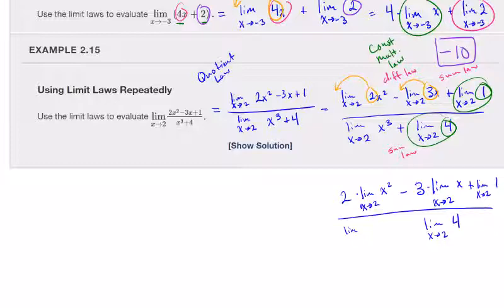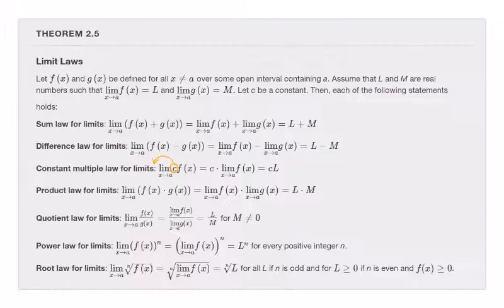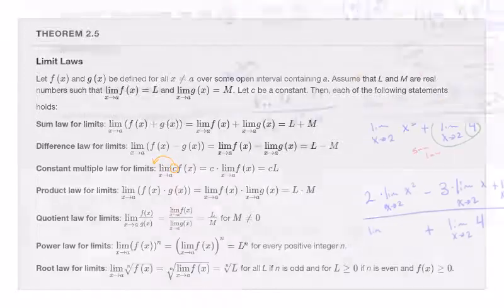All right, now on the bottom, what I'm going to do is, this is x cubed, right? Now I know I have a power rule right here, right? The power law for limits. It says if I have f of x to some power, I can make that the limit of f of x and then raise the power on the outside. So that's what I'm going to do on this one.